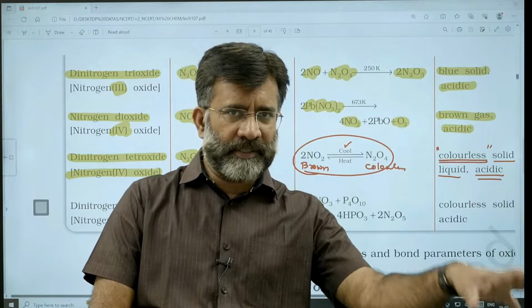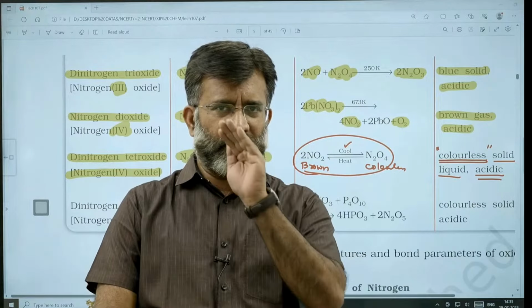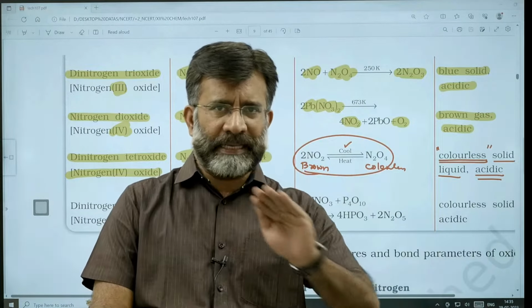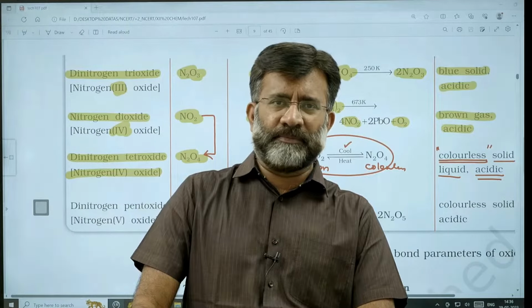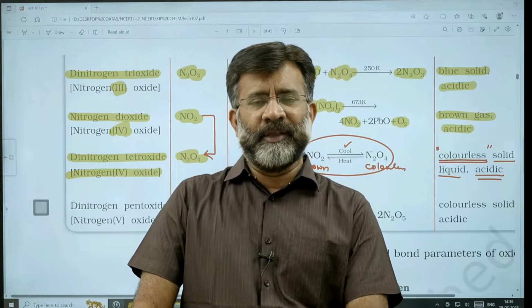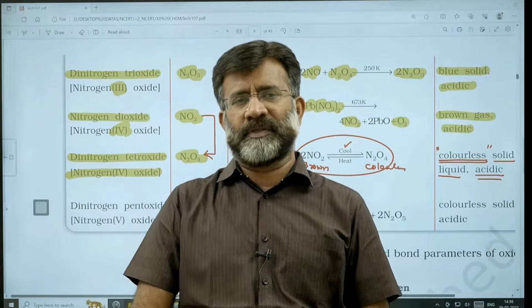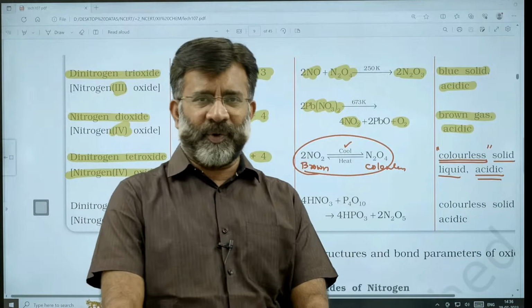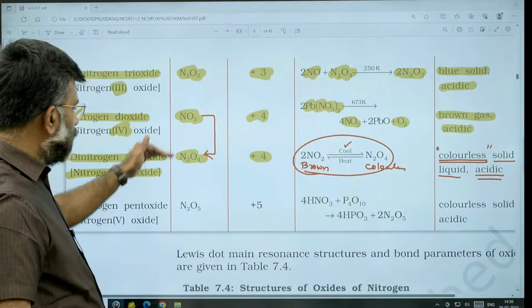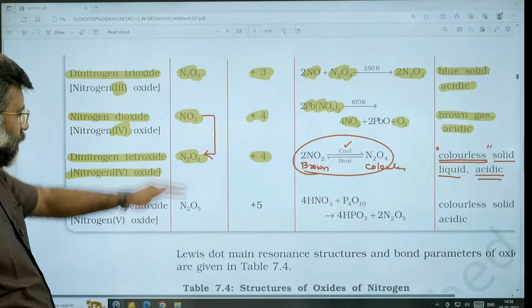If you are immersing into an ice bath, gradually that brown color decreases. Now if you take colorless N2O4 in a glass bulb and just try to heat it, you can see the brown color develops. There exists an equilibrium between NO2 and N2O4, right? They are dimers. This is the dimer of this.